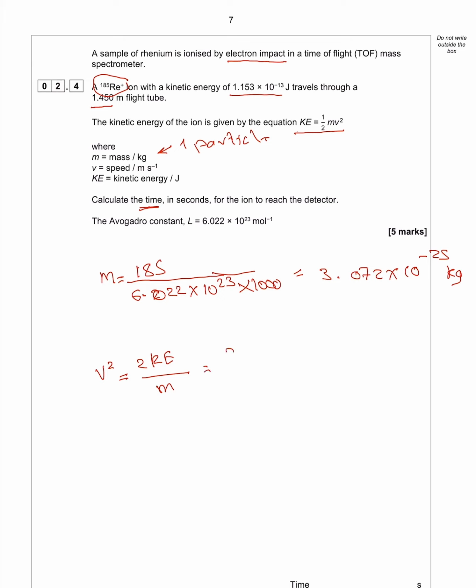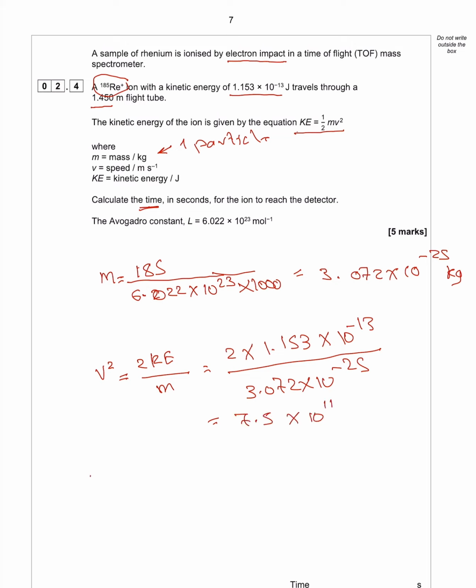So that will equal 2 times 1.153 times 10 to minus 13 divided by the 3.072 times 10 to minus 25, and that will give you the v squared, which is 7.5 times 10 to 11.